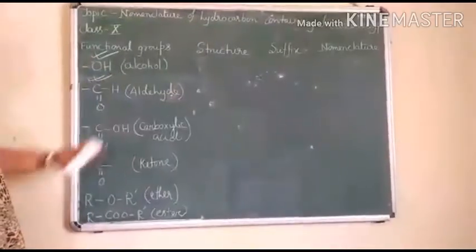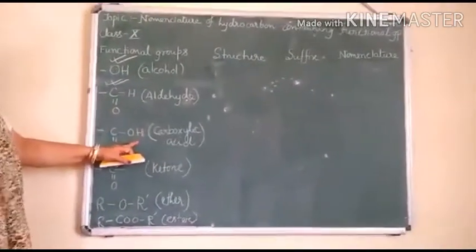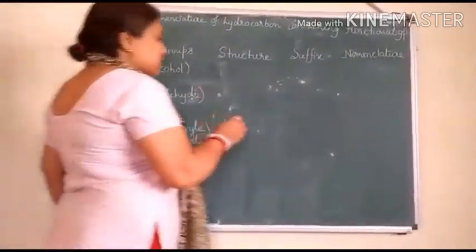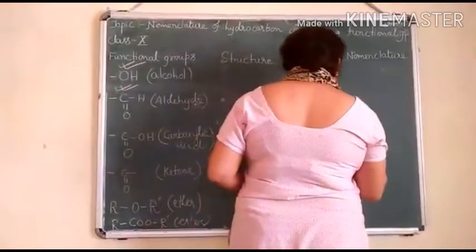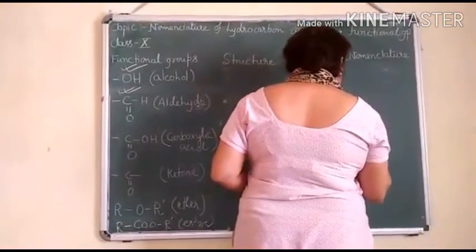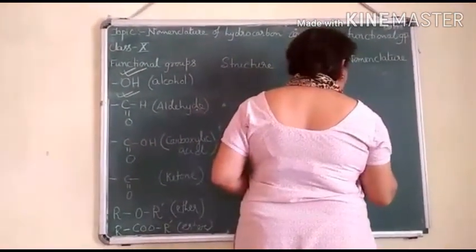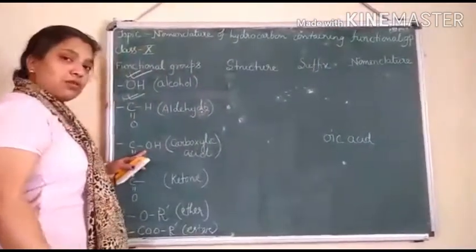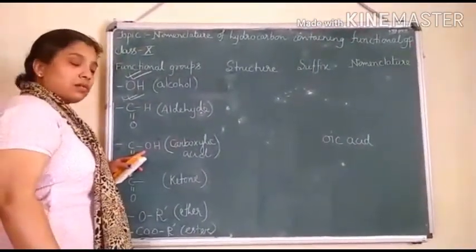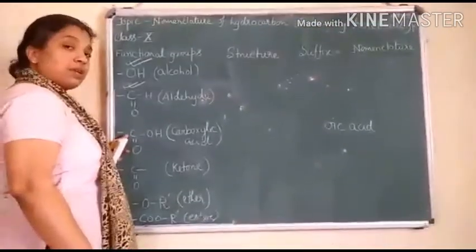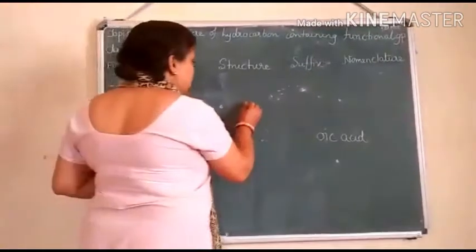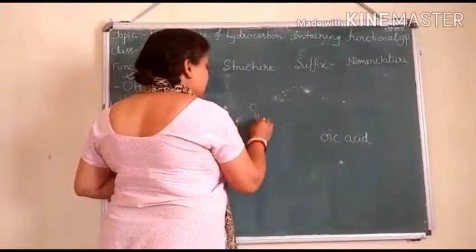Next one is carboxylic acid. For carboxylic acid, the suffix is oic acid. Same way we will start. For the first one, the first carbon is already in the functional group, so you only have to satisfy the bonds.